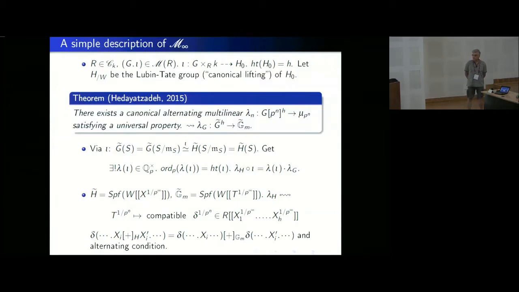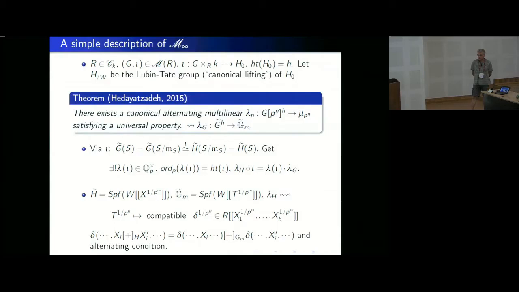You have to have little h copies of H, so little h copies of the variable X that I call X1 up to Xh. Okay, they correspond to the h copies there. And of course, a map in this direction, like lambda, goes in the opposite direction on the adic rings that represent these formal groups.